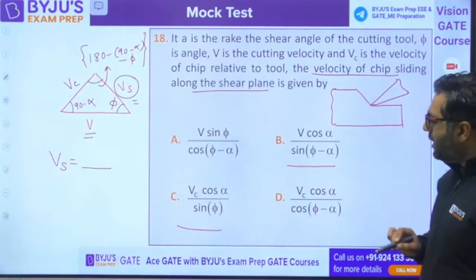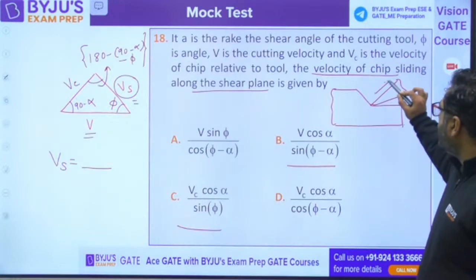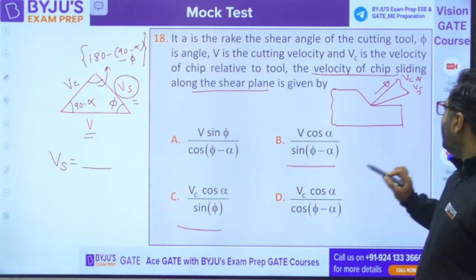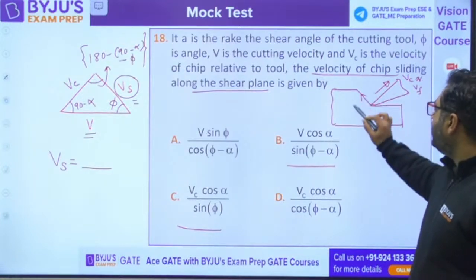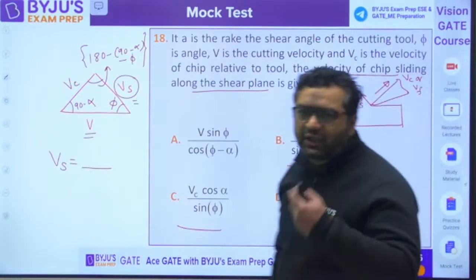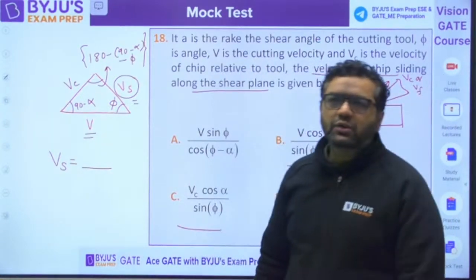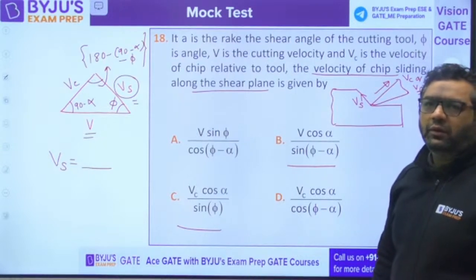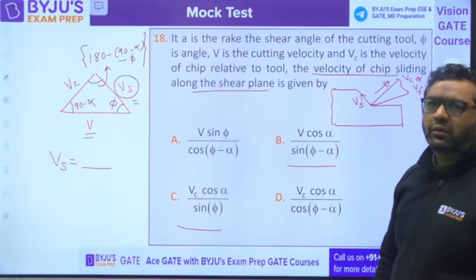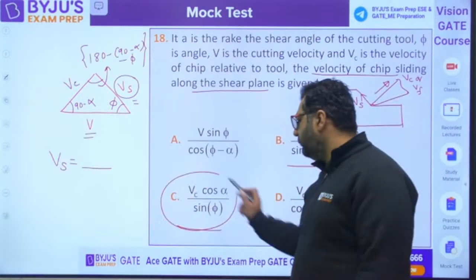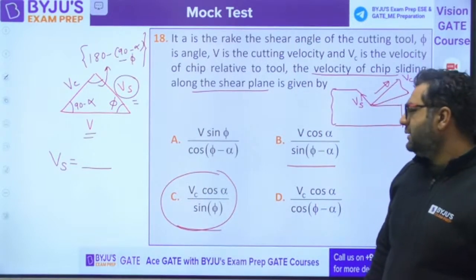If they are asking for the chip velocity along the tool, this is the chip flow velocity, which we show by VC or VF. When they are asking along the shear plane, this is nothing but shear velocity. So Vs is the shear velocity of the chip. The answer will be what? Yes, everybody is getting the answer to be C.